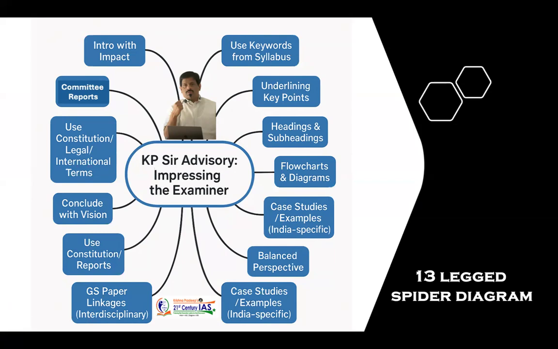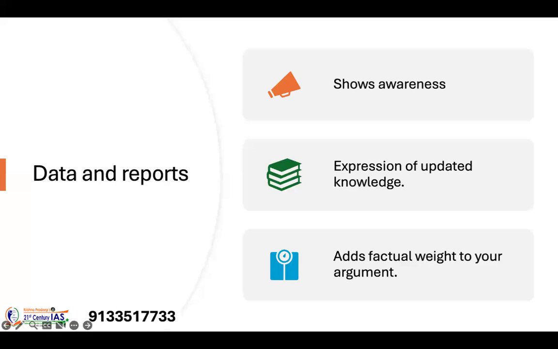The things being discussed over here: introduction with an impact, using the keywords from the syllabus, underlining the key points, headings and subheadings, flow charts and diagrams, case studies, examples, balanced perspective, India-specific content, then GS paper linkages with an interdisciplinary approach, using constitutional provisions and reports, and concluding with a vision.